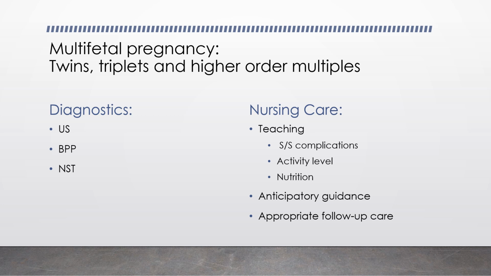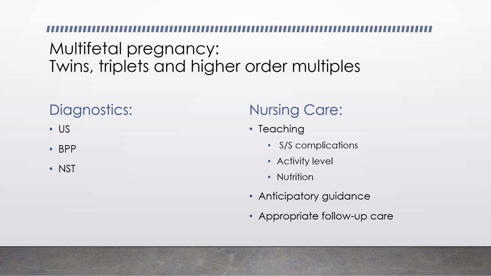So your diagnostics are usually it's discovered on ultrasound, and we would follow up with biophysical profile and non-stress testing toward the late end of the pregnancy. We would want to teach about complications. Their activity level should be about the same until they hit about 5 months gestation, and then they really do need to rest more.